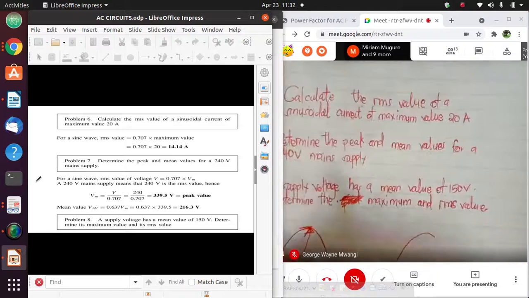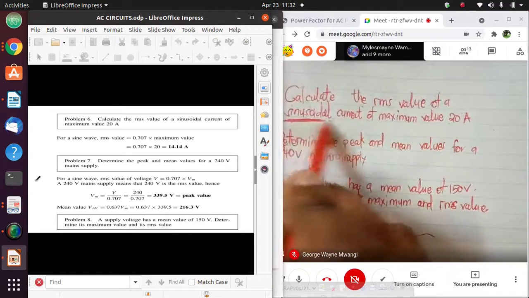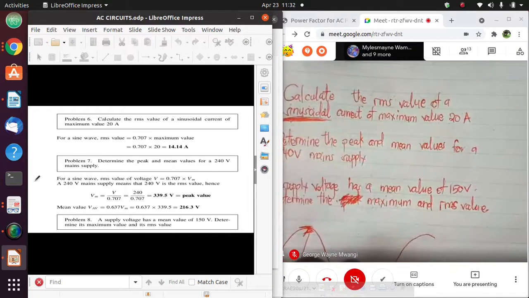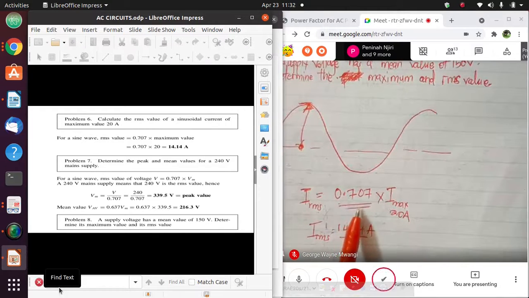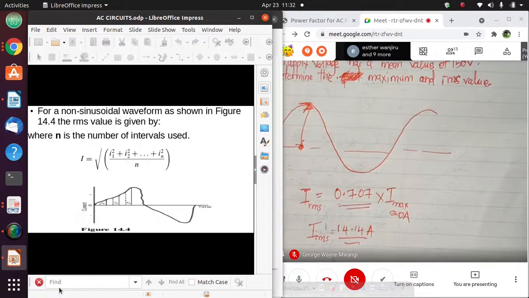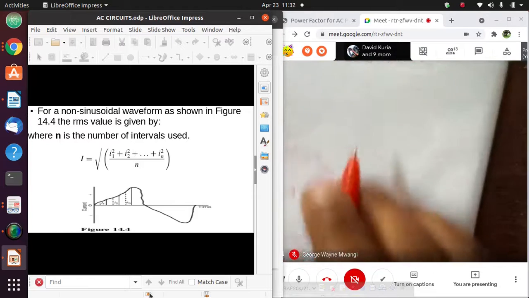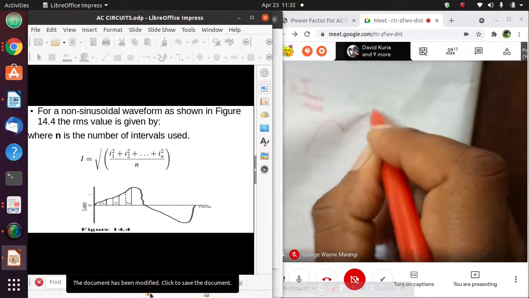Now, what I wanted you to see is this. The word here is sinusoidal. If it wasn't sinusoidal, then you won't use 0.707. You will have to use another method. I don't know if you remember, there is a method I told you where you have to divide. For example, let's say your waveform looks like this, with a funny shape.